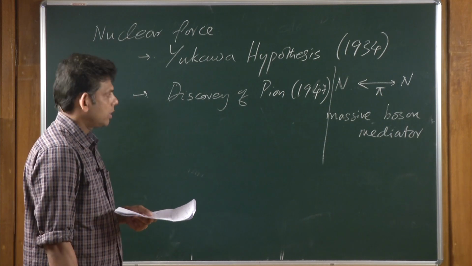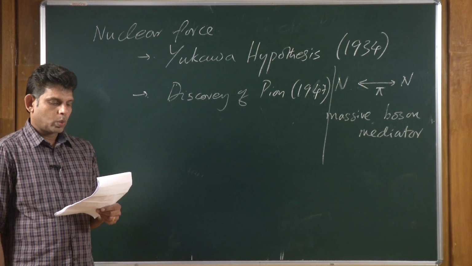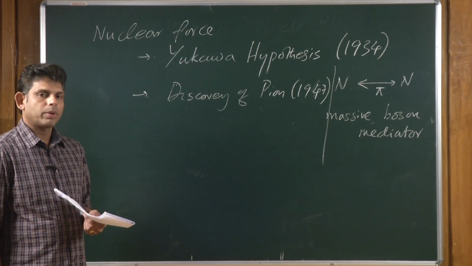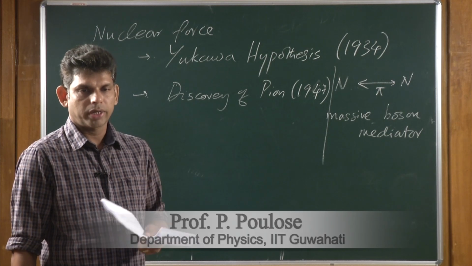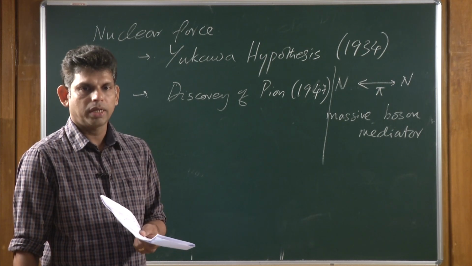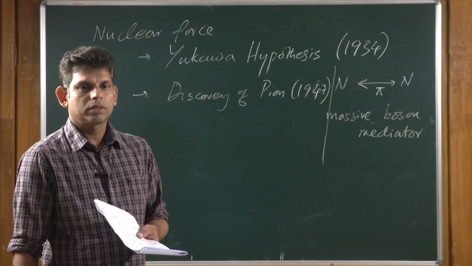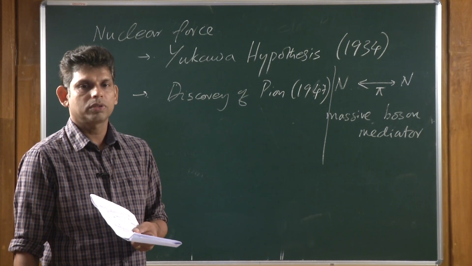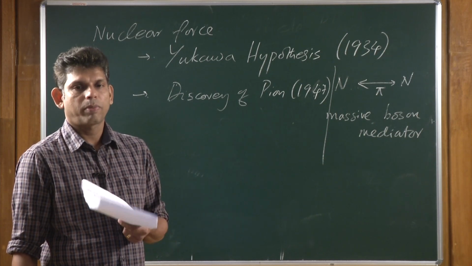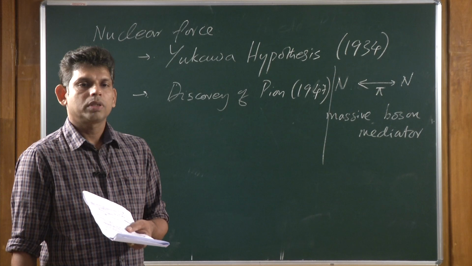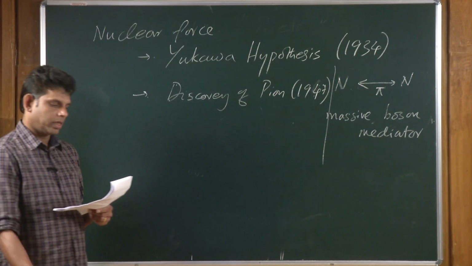They are called pions, and now at some level the nucleon interaction, proton-proton interaction, proton-neutron interaction, one can understand by Yukawa's hypothesis of exchange of pions between protons, mediating the interaction or making the interaction happen.